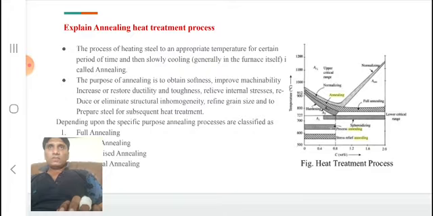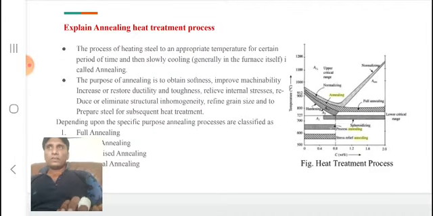So annealing is done to get a stress-free grain structure. If stresses are developed in this steel, then it fails during the service conditions.